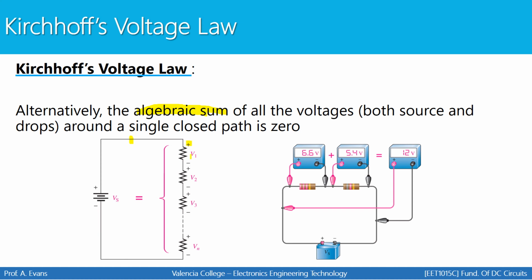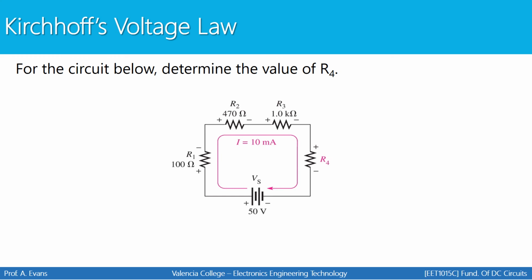So I have positive V1, a positive V2, a positive V3, and so on. And as I travel around the path, I get a negative Vs. So if all of these voltages equal this voltage, when I add them all up algebraically, I'll get a sum of 0.